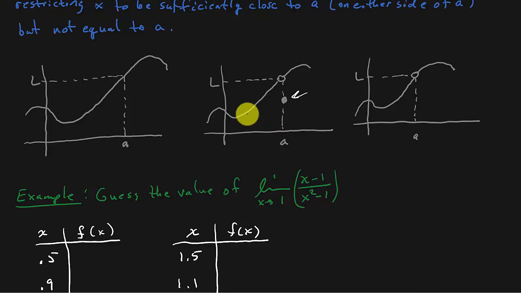So in other words, whatever function this is, if we plug a in for x, we would get this as a y value. But the limit of this function as x approaches a is this y value up here, this L. And then in this one right here, the function is not defined at a.